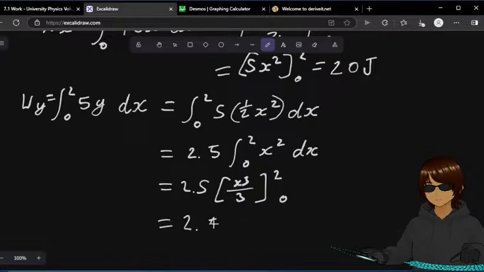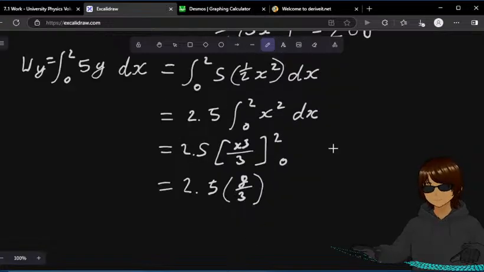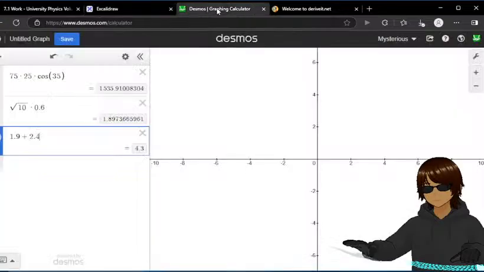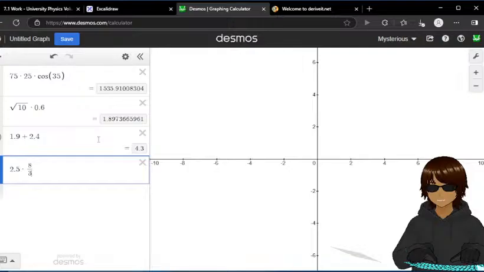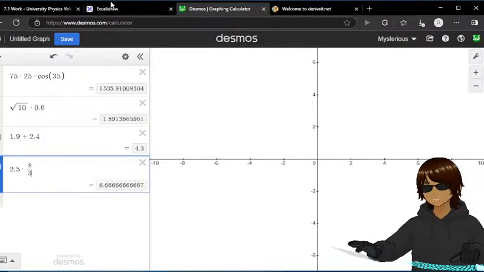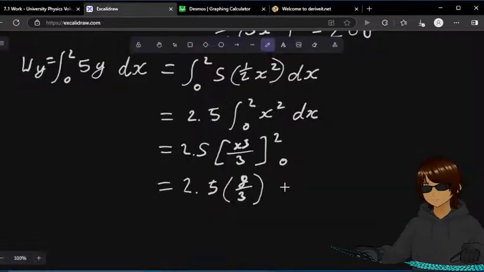We have 2.5, we have 8, 2.5 times 8 over 3, 6.666.